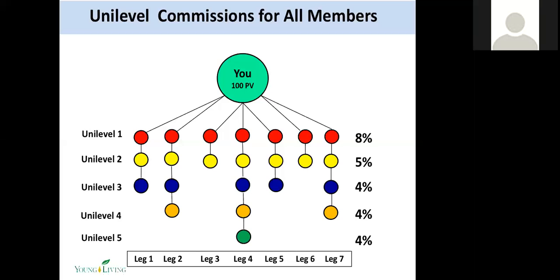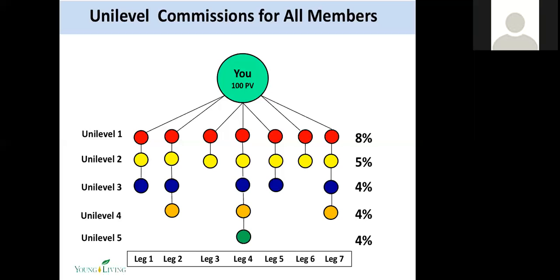So if you're trying to build the legs necessary to rank advance to executive or silver or gold, etc., you have to be placing members within those leadership legs, those qualifying legs that you're trying to build, and put members with good leaders that you have so that you can have others helping you to build your organization and not you doing all of the work on your own. And if you just put everyone front level to you, that's going to make it very, very difficult to build those qualifying legs and to build that leadership within your organization.